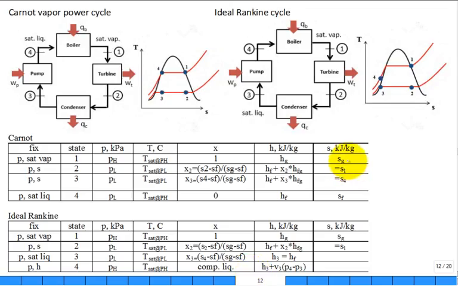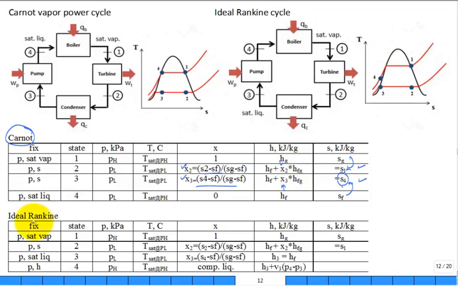So S2 is equal to S1, and for the Carnot, S3 is equal to S4. And once I get those entropies at state 2 and 3, I'll get the quality at state 2 and 3 using the entropies. Once I get the quality at state 2 and 3, then I calculate the enthalpy at state 2 and 3. That makes sense? All right.